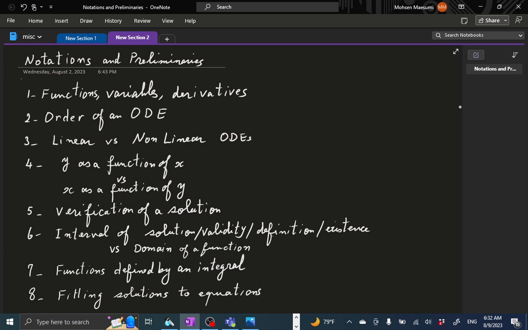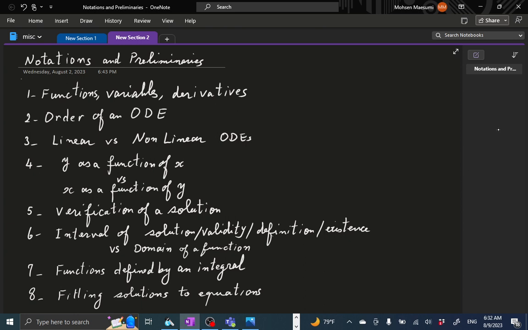How do we verify a solution? Interval of solution or validity or definition or existence, they're all the same, versus what was meant by domain of a function. Then we are going to take a look at functions defined by an integral and fitting solutions to equations.